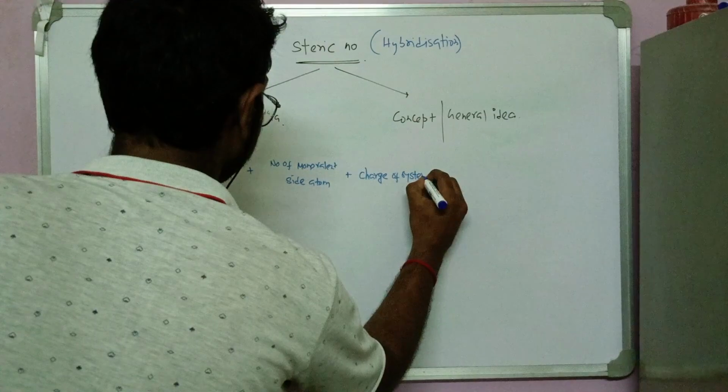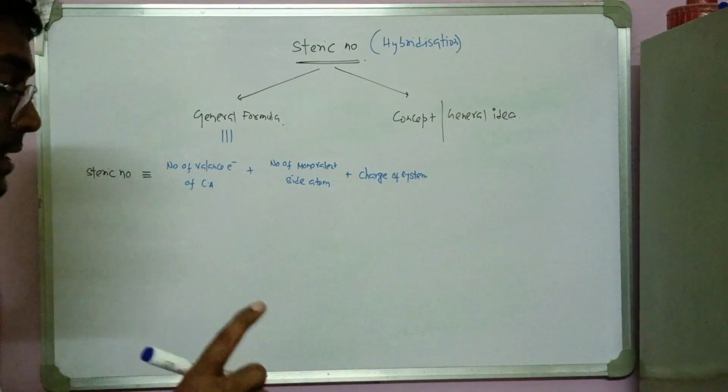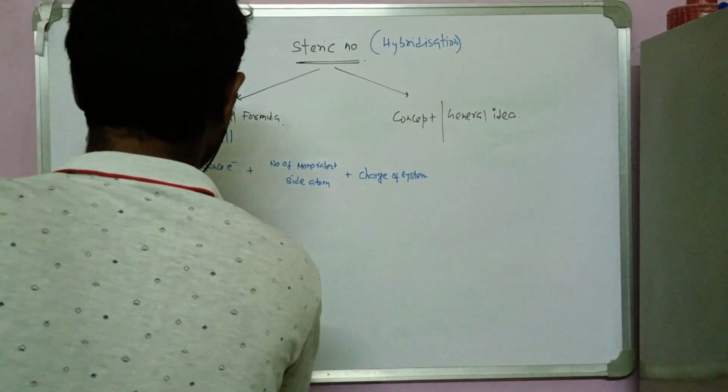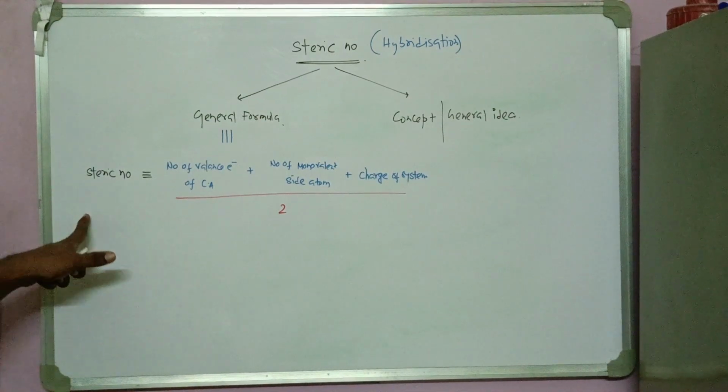If negatively charged, that will be +1. If positively charged, that will be -1 because it is lacking one electron, and we have to consider it as a pair, so divided by 2. So this is the formula of the whole steric number.